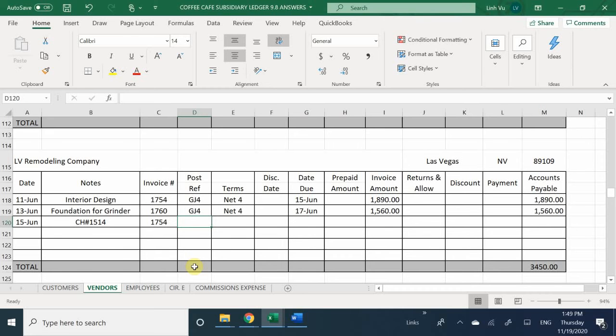Okay, and then again, we're going to put the invoice number that we're paying under the invoice number category, correct? 1754. Yes. Because you want to make sure that when you're making a payment, you're paying for this particular invoice.